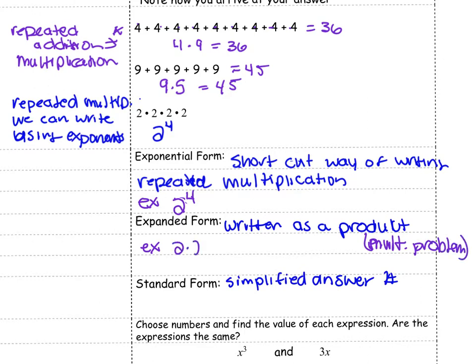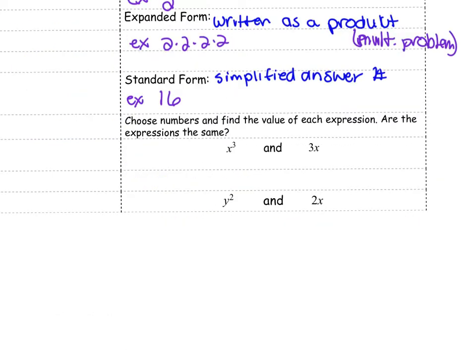So 2 times 2 times 2 times 2. And standard form is when we actually simplify. So 2 times 2 is 4, times 2 is 8, times 2 is 16. So you're going to be going back and forth practicing between exponential, expanded, and standard form.